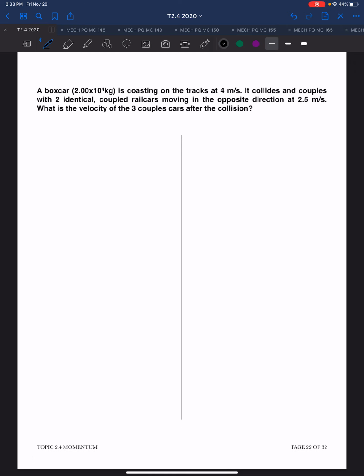And let's do a sticky collision. So we've got our time 0 and our time afterward. We've got a box car coasting on the tracks at 4 meters per second.